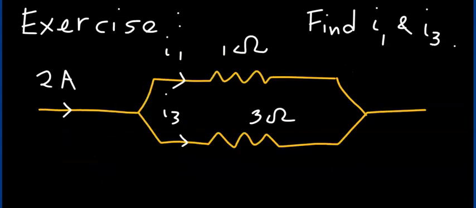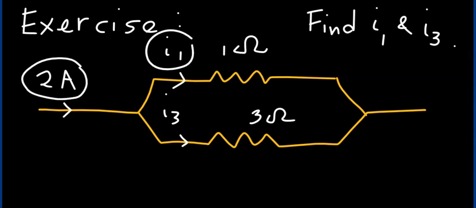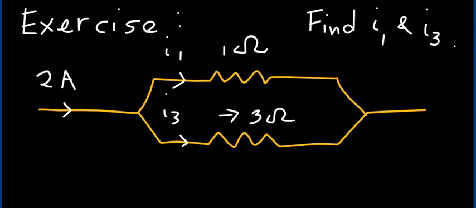Let's look at the following simple exercise. You have an original current of 2 ampere coming in and branching out into I1 that goes through a 1 ohm resistor and I3 that goes through a 3 ohm resistor. How do you find I1 and I3? The first thing to note is I1 plus I3 must add up to the original current of 2 ampere.